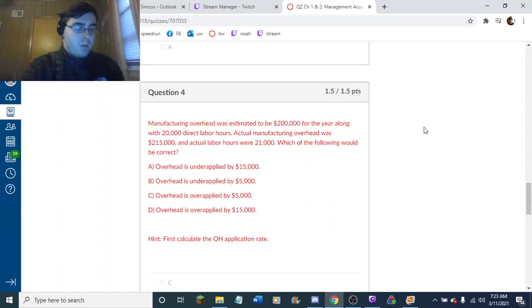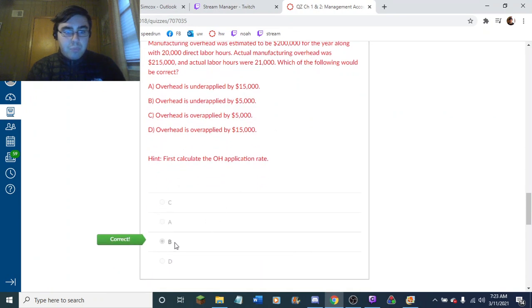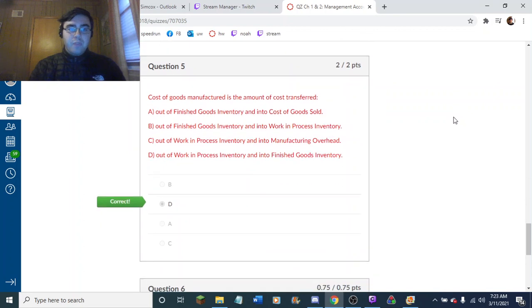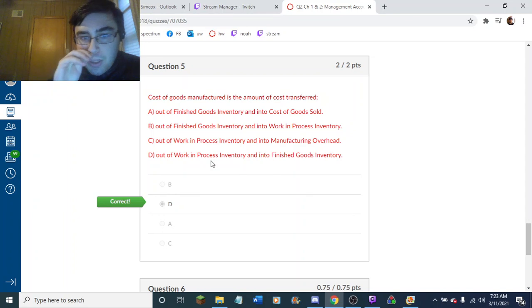Yeah, I did it wrong. 10 times 21, we got 210, and the actual was 215. It's underapplied by 5,000. B, underapplied by 5,000. Cost of goods manufactured is the amount of cost transferred, D, out of work in process and into finished goods.